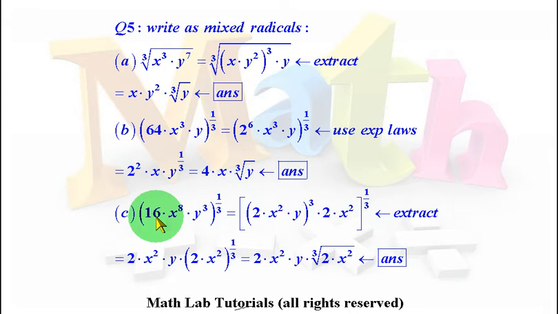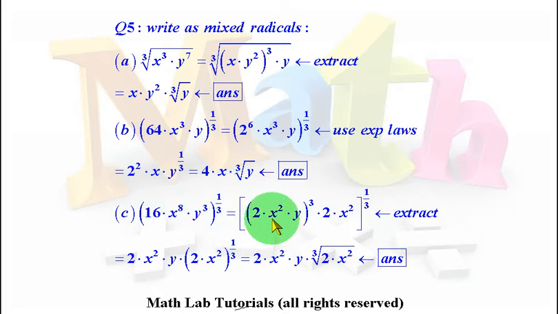Now 16 can be decomposed as 8 dot 2, and I know the cube root of 8 is 2. There you go. And x to the power 8 can be decomposed as x to the power 6 dot x squared, and the cube root of x to the power 6 is x to the power 2.